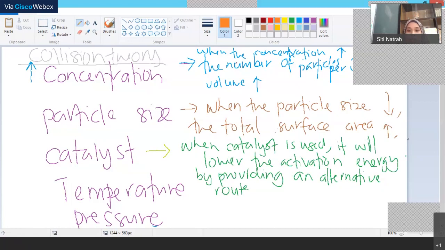Okay, how about temperature? Kalau temperature, so basically kamu kenalah tinggi juga. Okay, untuk sama dengan concentration lah. Okay, for the temperature, macam keyword dia kalau temperature. Okay.